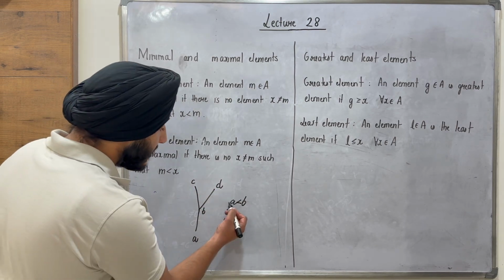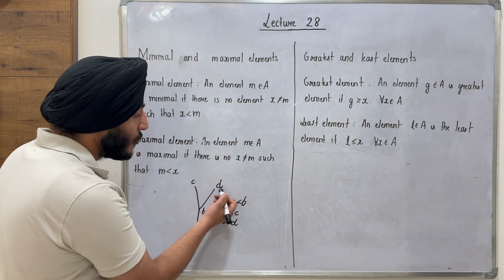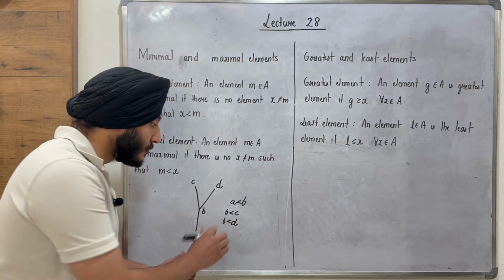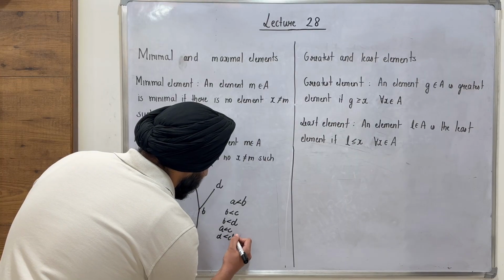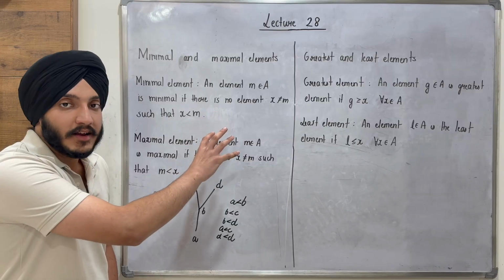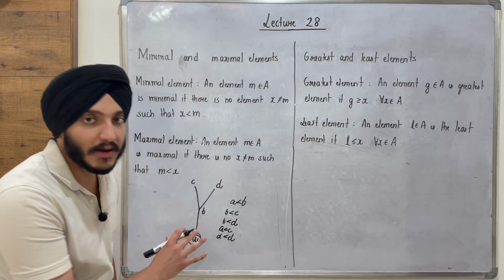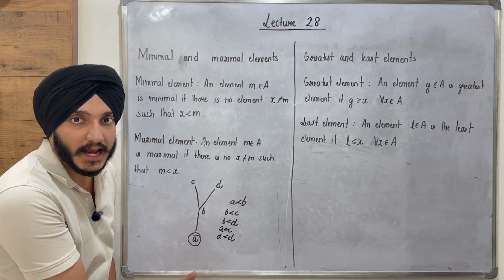So A is less than B, B is less than C, B is less than D as well. We don't know about C or D in this case, right? But one thing is for sure, we also have A is less than C and A is less than D as well, right? So what is the minimal element in this case? If you look at it, A over here is going to be the minimal element. Why? Because I don't see any value which is lower than A in this case.